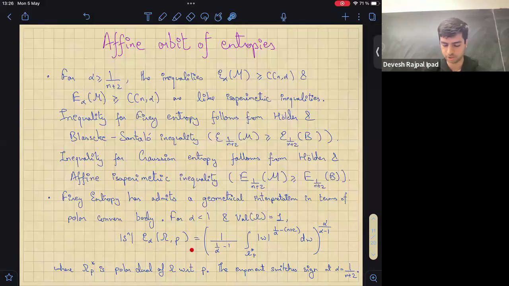Then the Firey entropy can be written as an integral of this weight, mod W raised to some power, integrated on the polar of gamma with respect to P. I should introduce what the polar is.